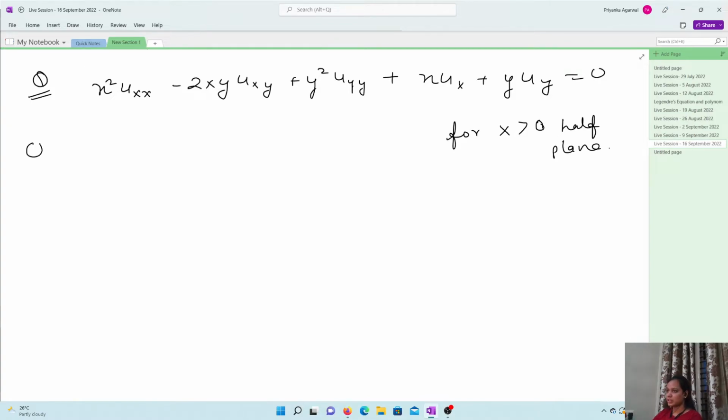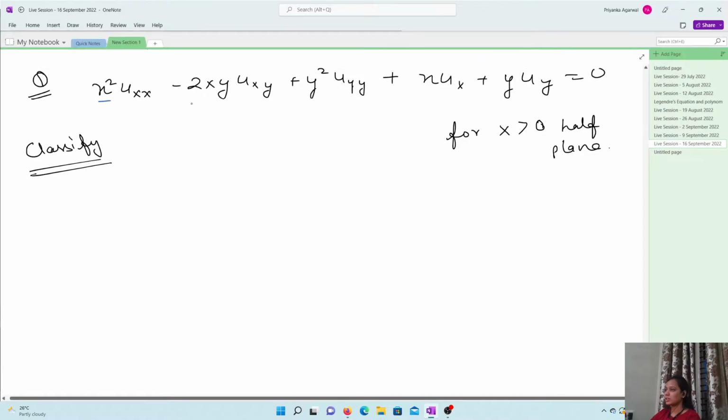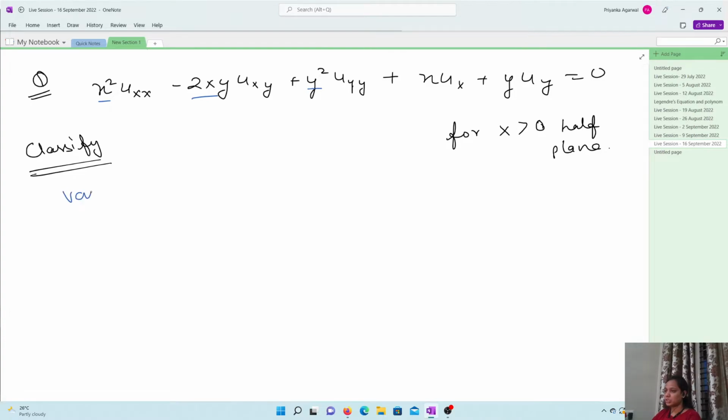Now classify this particular equation. You see that this equation has variable coefficients, but the condition to classify remains the same as it is for constant coefficients. In this case, it is already written in the standard form.